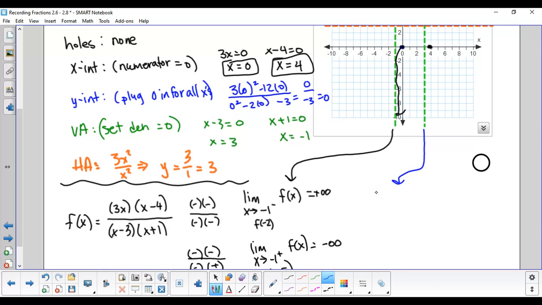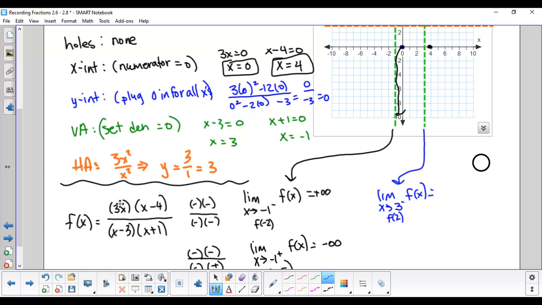So we're going to say, what is the limit, I apologize, limit as x approaches the vertical asymptote of 3 from the left-hand side. For this one, I'm going to plug in a number that's just to the left of 3. In this case, I'm going to plug in +2.